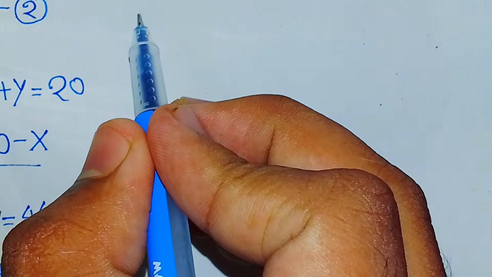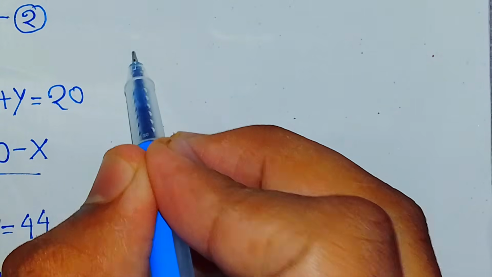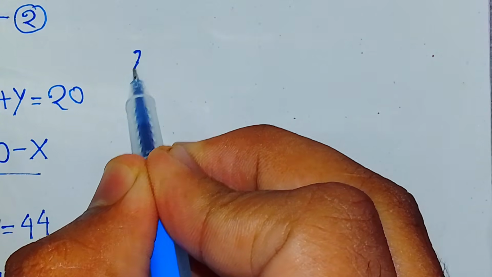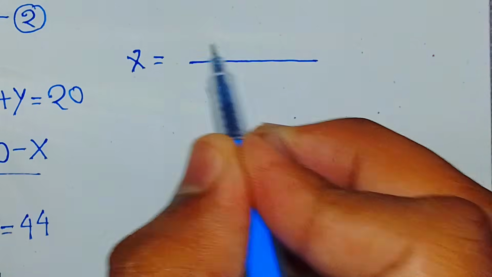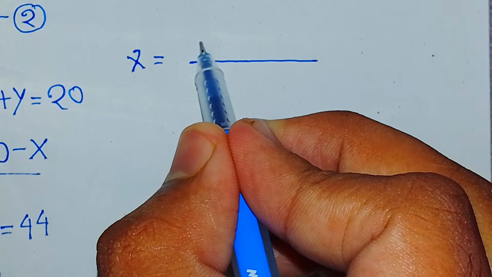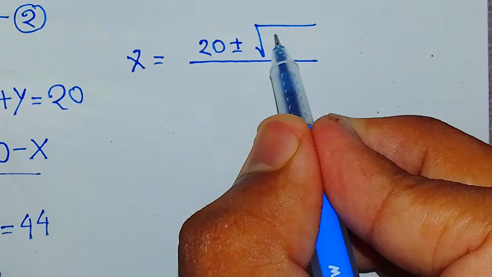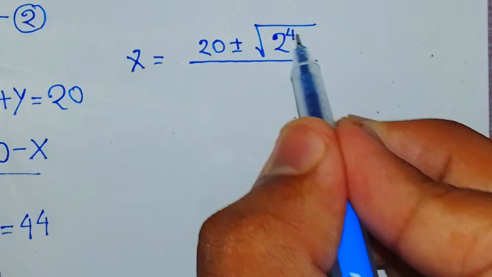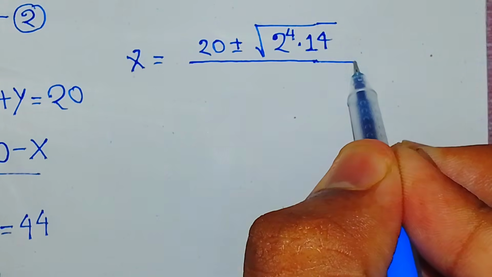Now we just replace it in the equation. The x is equal to 20 plus minus root over 2 to the power 4 times 14, divided by 2.